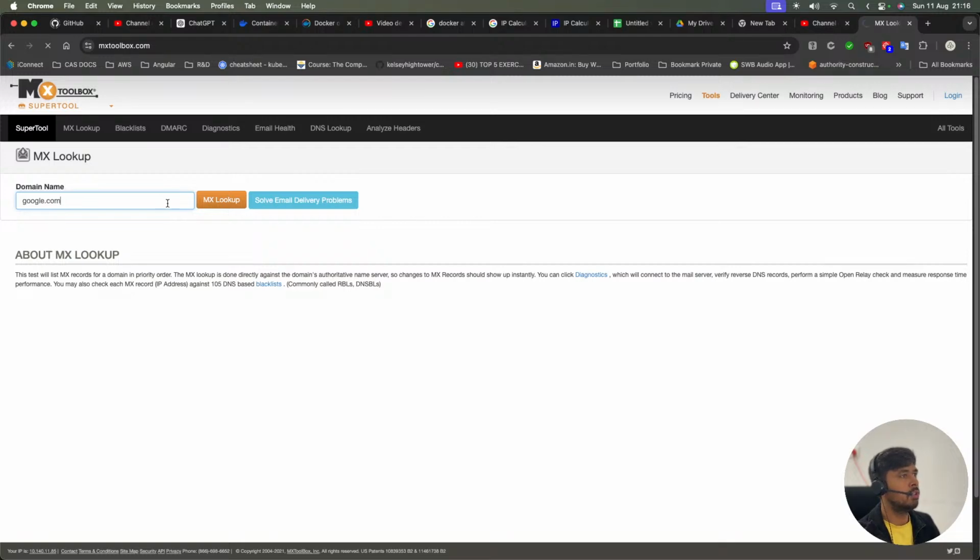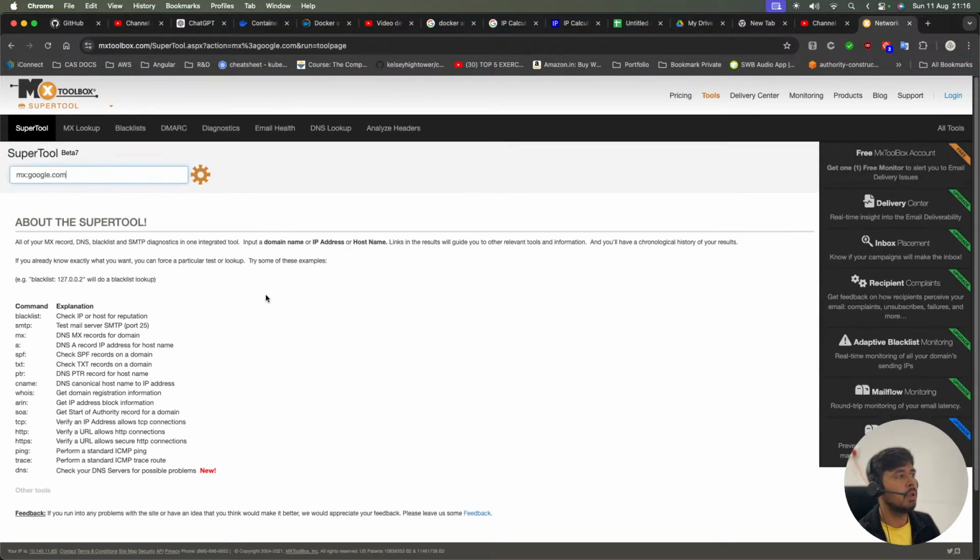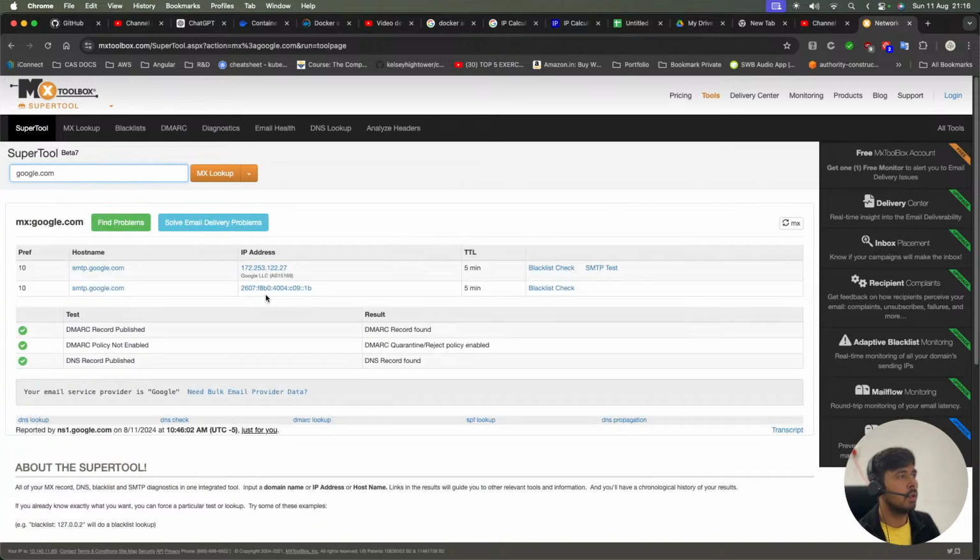See, SMTP google.com resolves to this IP address. This means this is an IP address, but this is a host IP. And inside that, there is one network IP and there is a host IP.